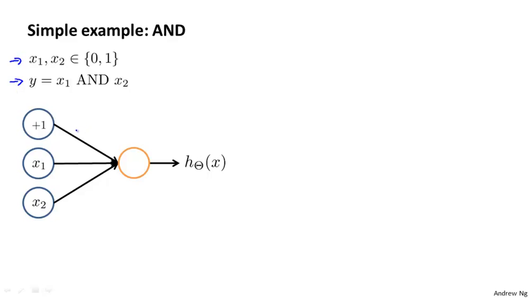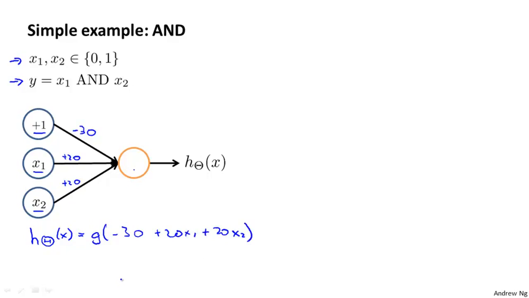I'm going to write down the parameters on this diagram: -30 here, +20, and +20. And what this means is that I'm assigning a value of -30 to the parameter associated with x0, that is this +1 going into this unit, a parameter value of +20 that multiplies into x1, and a value of +20 for the parameter that multiplies into x2. So concretely, this is saying that my hypothesis h of x is equal to g of -30 plus 20x1 plus 20x2.